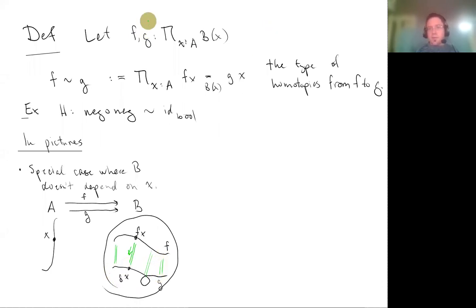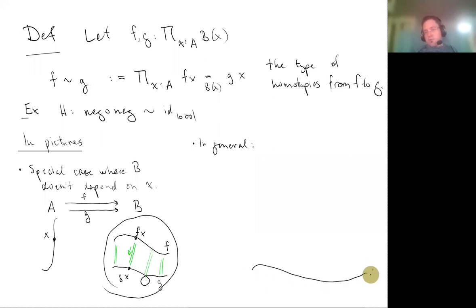Now, how should you draw a picture of a dependent function? Well, just like you draw pictures of graphs in analysis or ordinary calculus. So in general, we can draw a type family.